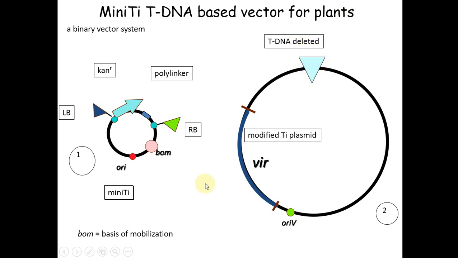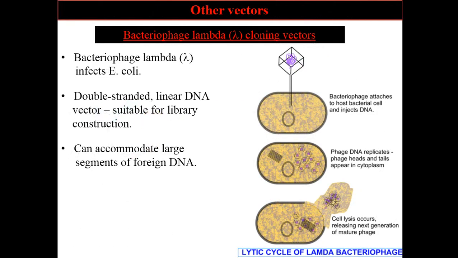Okay, so these two must be transferred to one organism, known as a binary vector, because this mini Ti does not have the vir regions which are necessary for transfer of the tDNA segment, which is deleted from this site, but new foreign DNA is added here. Okay, so this was about tDNA vectors, the Ti plasmid, pTi.